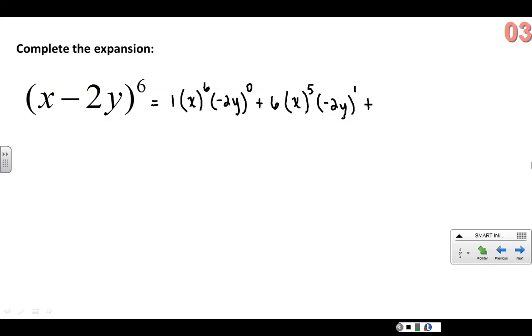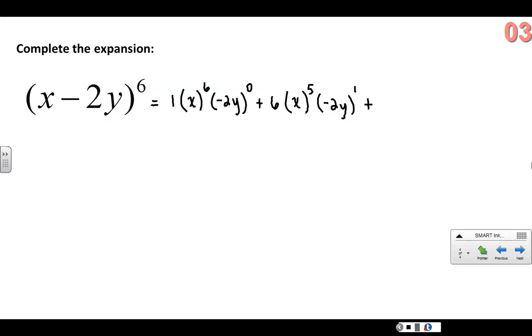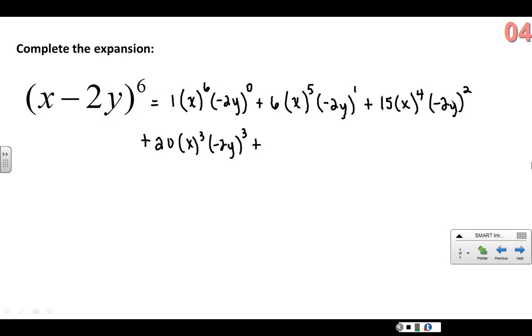Plus, what was our next coefficient using Pascal's triangle? 15. So 15 x to the 4th, negative 2y squared, plus 20 x to the 3rd, negative 2y to the 3rd, 15 x to the 2nd, negative 2y to the 4th.